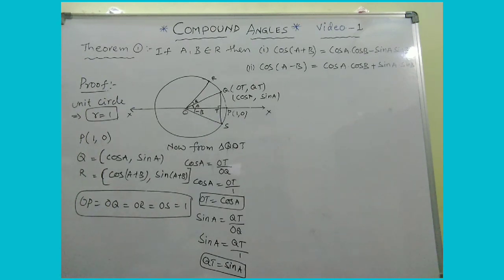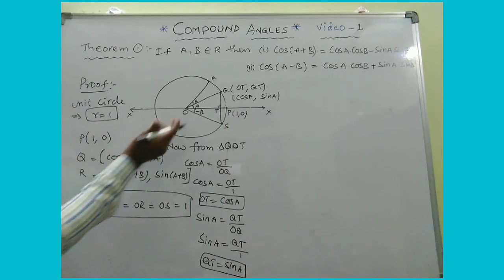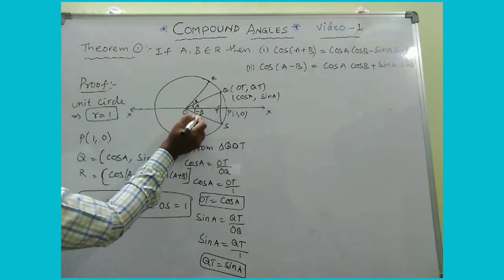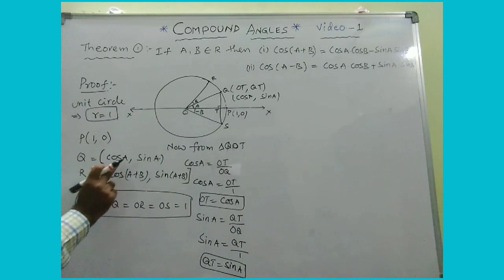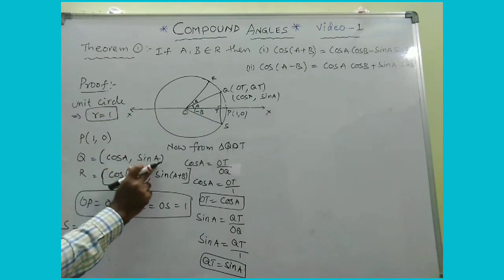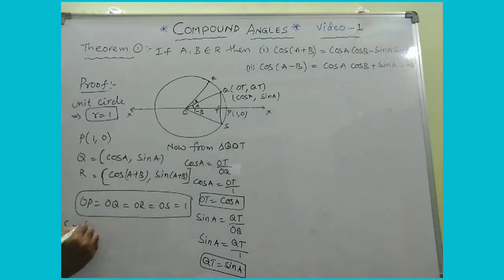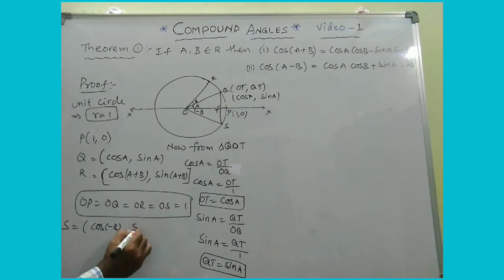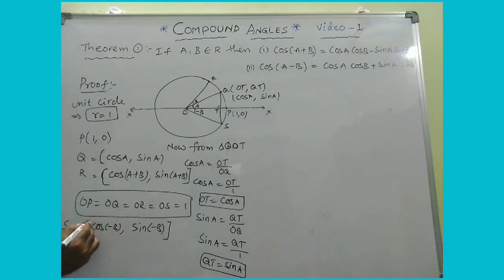Okay. Similarly, I want the coordinates of S also. For S, coming to this portion, what is the angle? Minus B, no? So replacing the angle A, now the angle is minus B. Hence the coordinates are cos of minus B, comma, sine of minus B. Do you remember what cos of minus theta is?